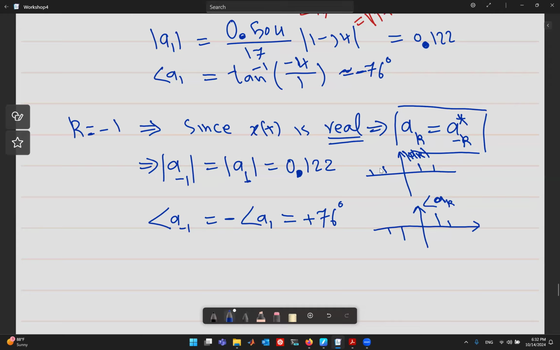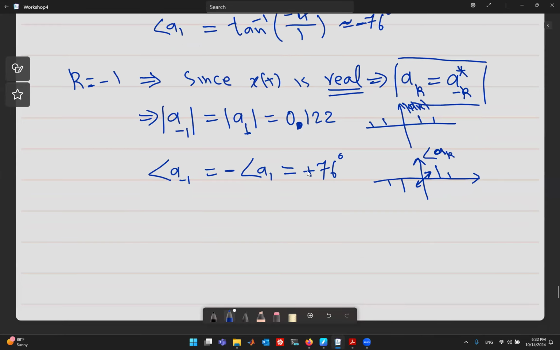The magnitudes of a_k and a_-k are the same, but the phases will be negative of each other. This is the odd symmetry, or even, when a signal has this symmetry around the origin.